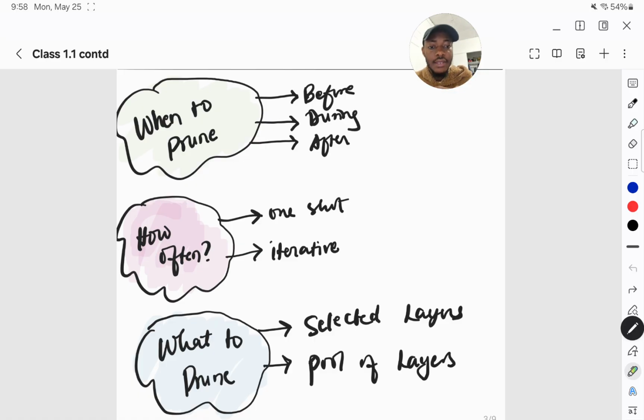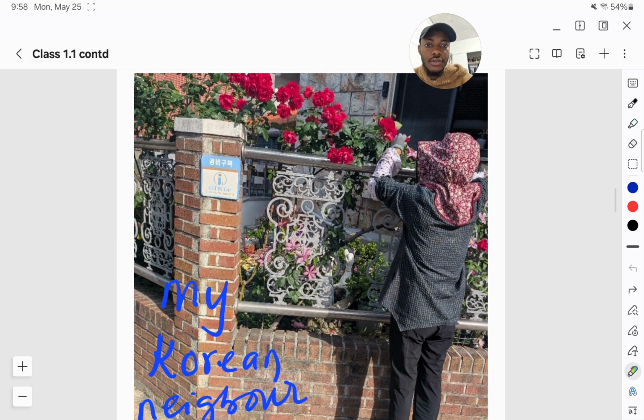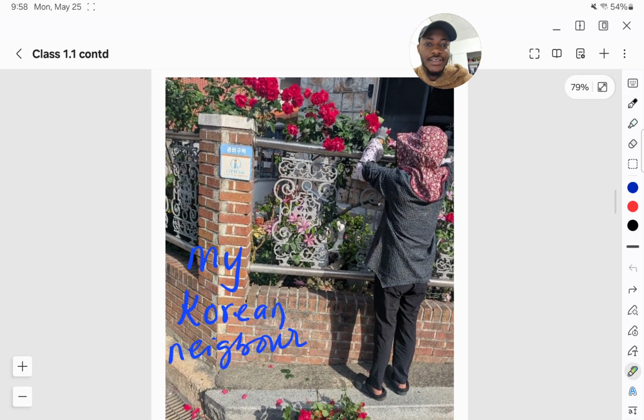So when it comes to what to prune, we can decide to select some unnecessary layers and prune them, or decide to use a pool of layers and prune, to get our desired objective.